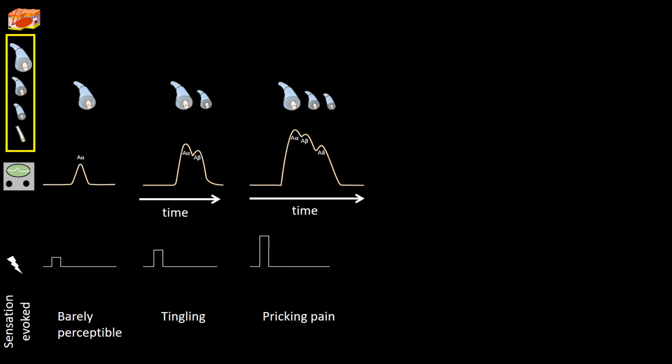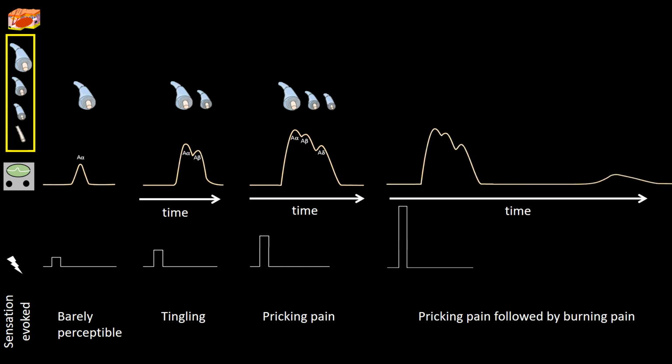Now let's resume the flow of the chart, this time by using an even stronger stimulus, which would be felt by the patient as a pricking pain followed by burning pain. And now a second independent wave will appear.